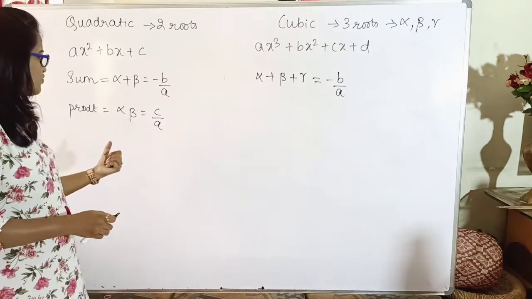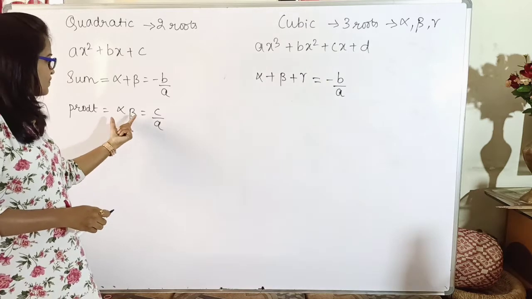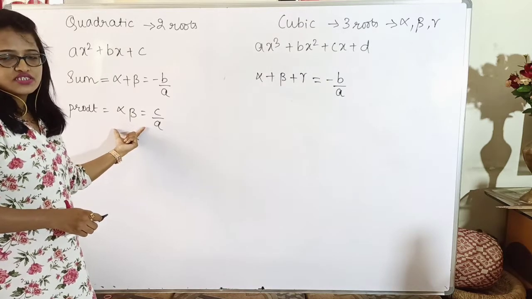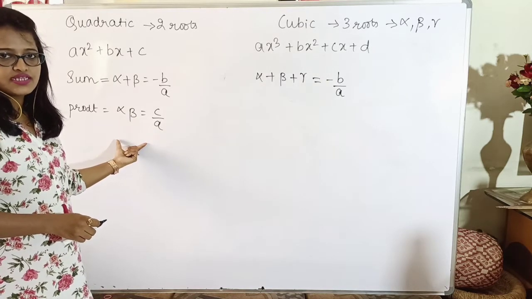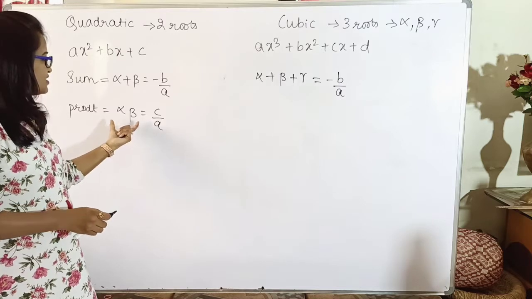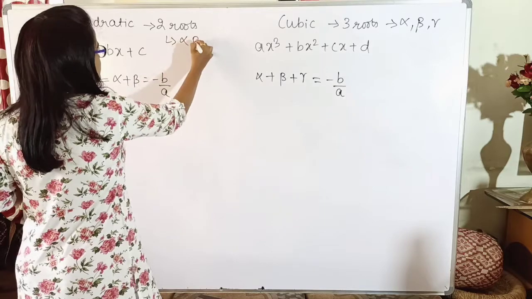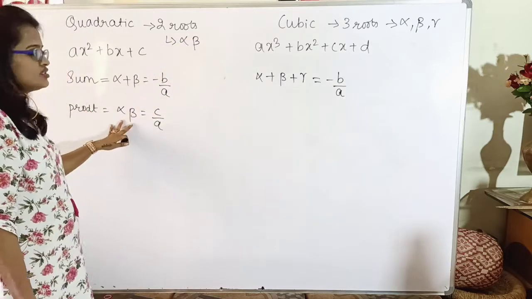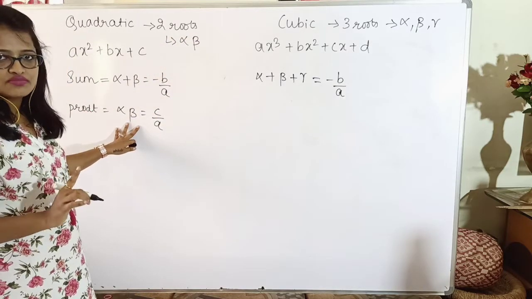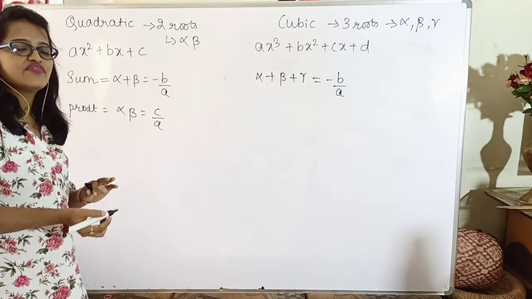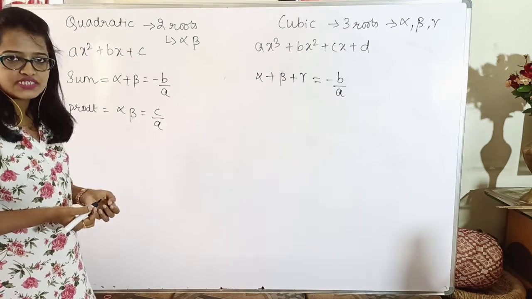Similarly, in the second case, what we have done here, 2 roots were considered at a time. Since here there are only 2 roots, alpha and beta, their product will be only one term, alpha beta. Whether you write it as alpha into beta or beta into alpha, that will be the same term.